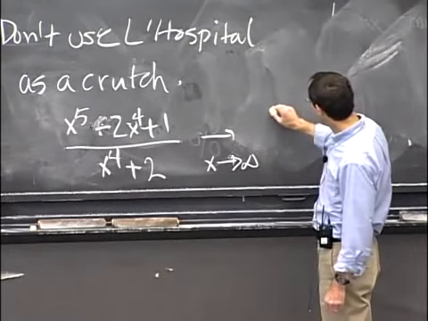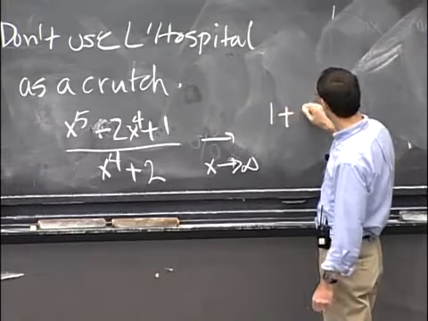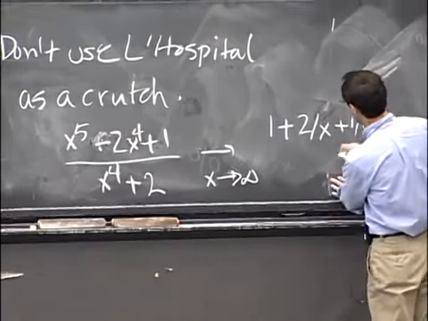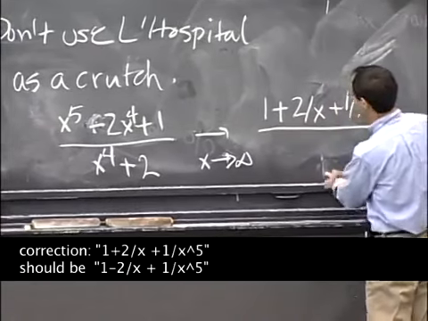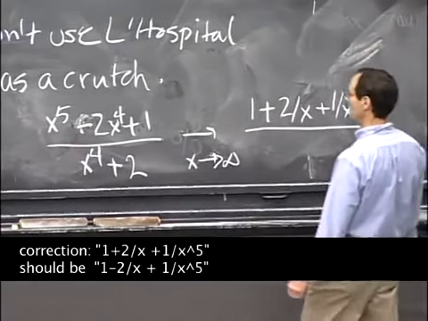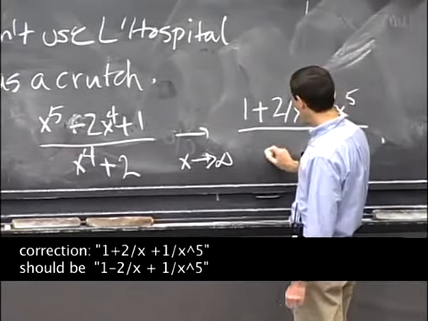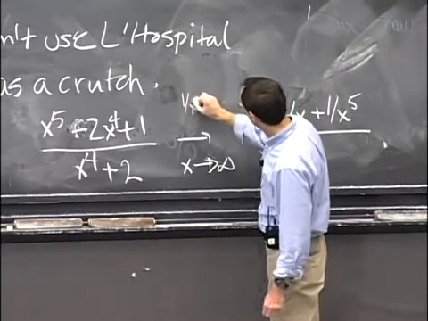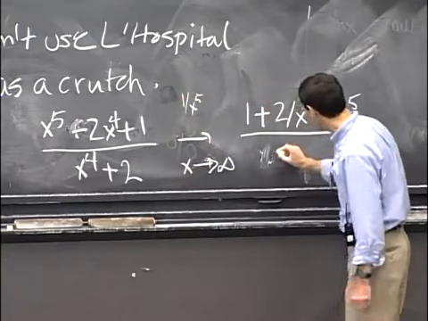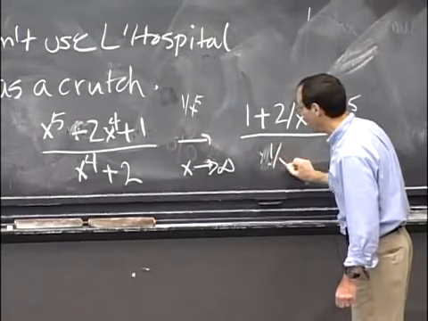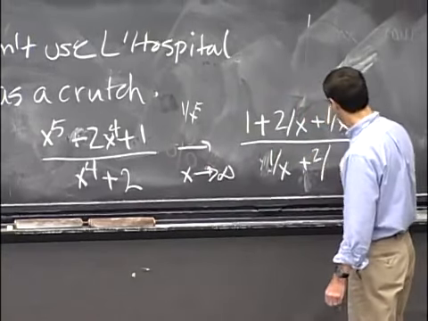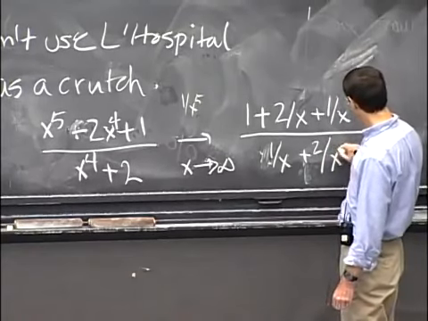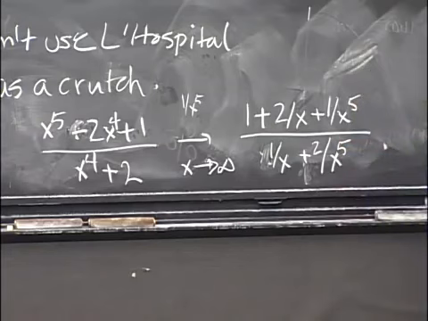Namely, it's the same as 1 plus 2 over x plus 1 over x to the 5th power. All right? And then in the denominator, well, let's see. It's x, so this would be dividing by 1 over x to the 5th in both numerator and denominator. And here you have 1 over x plus 2 over x to the 5th here.